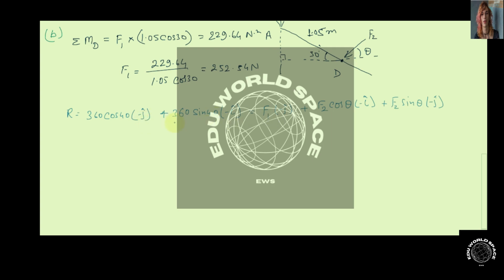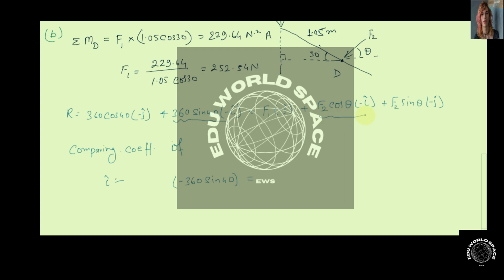If we compare the coefficient of i cap first, the coefficient here is minus 360 sine 40, and this would be equal to the i cap coefficient.